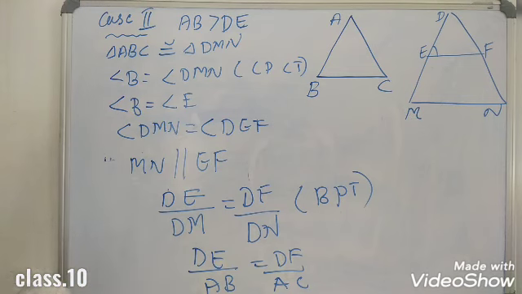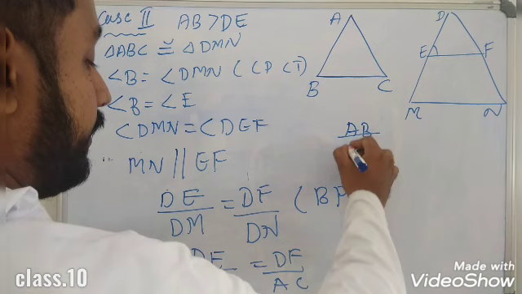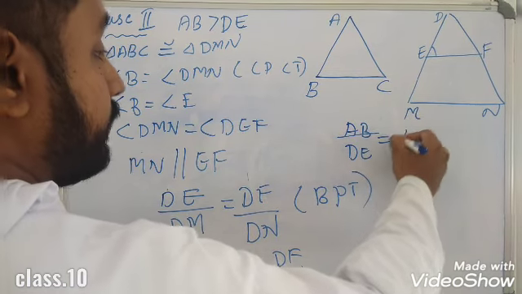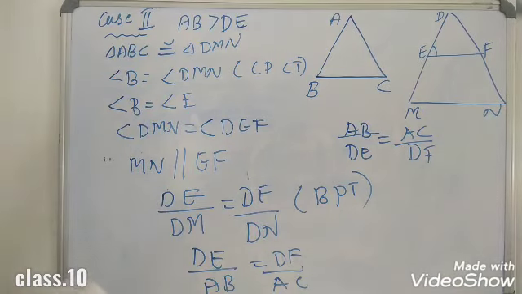AB is equal to DM and DN is equal to AC. Or we can take the reciprocal: AB by DE is equal to AC by DF.